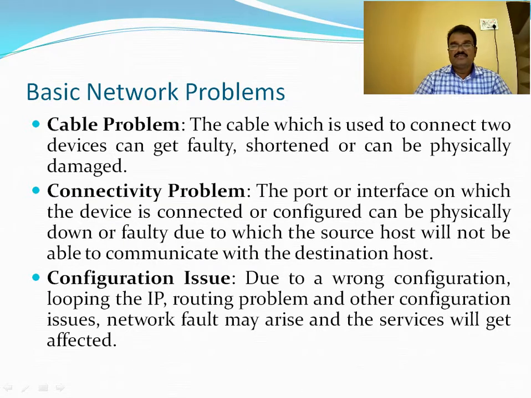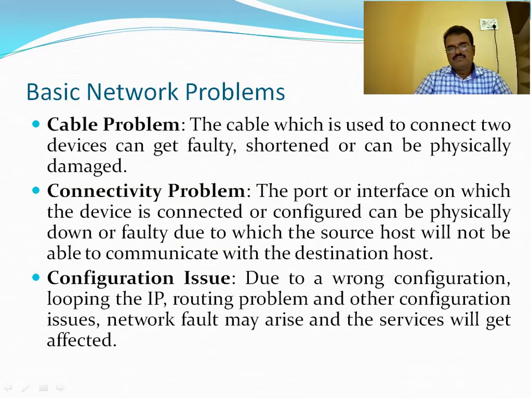This is a connectivity issue, because if the source is unable to communicate with the destination host, we can say it is a connectivity problem. This may be due to misconfiguration, or the port being physically down or faulty, or some physical damage. We have to check it out.